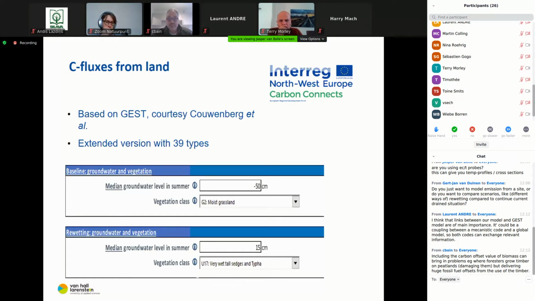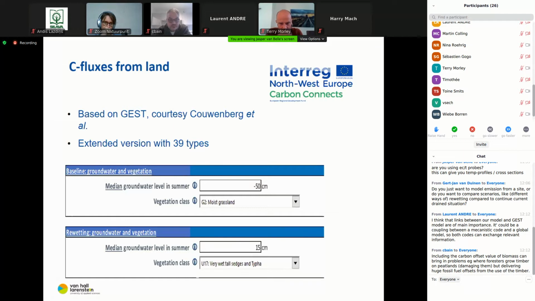In the site emissions tool that we've built, the blue and white figure below is a part of the input. This limits the number of options for the vegetation classes, or actually the GEST types that could possibly occur with this groundwater level.